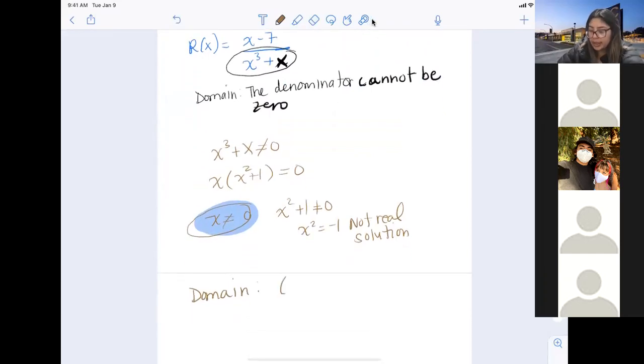The domain is -∞ to 0 union 0 to ∞. This is the case because the only location where you are not allowed to be is zero itself. So our domain is everything but zero. When it's preventing the zero, you're using parentheses. This is called interval notation. You should be familiar with interval notation.